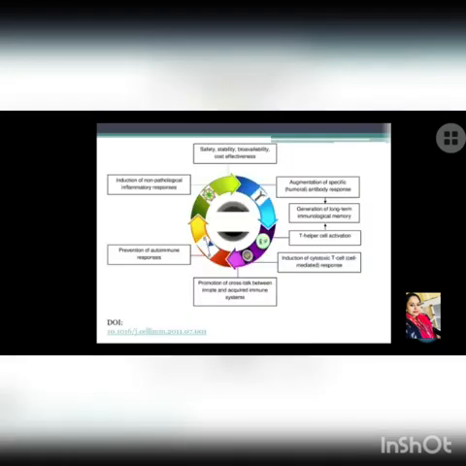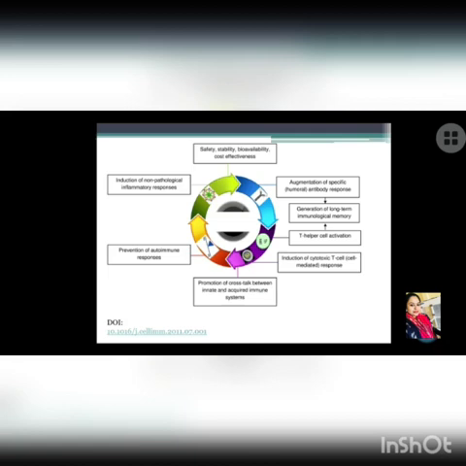There are certain features which should be there in an ideal adjuvant. For example, they should be safe, they should be stable, and their bioavailability and the generation of long-term immunological memory is a must for any adjuvant combined with a vaccine.